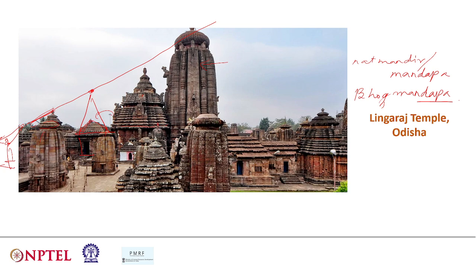This is an exception that we see for the Latina style of temples, because in the Latina style you can see the verticality increasing step by step as you look from the front. But anyways, this is one of the finest examples of Kalinga temple architecture.